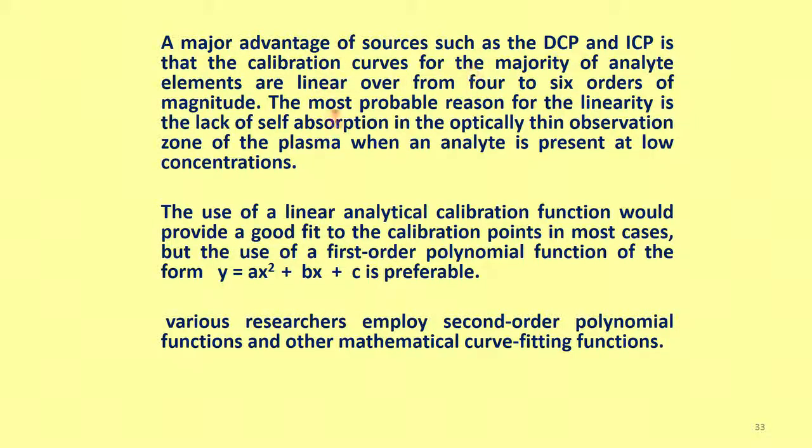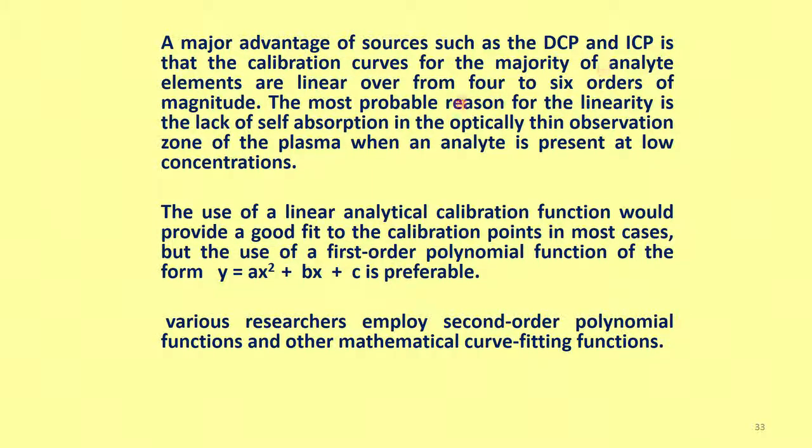In atomic absorption and AES also it is 1, 2, 3, 4, 5 ppm or maybe up to 10 ppm, like that for different elements. But in ICP, the sample can be 1, 10, 50, 100, and 1000 also you can go.